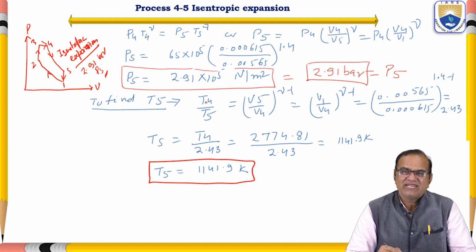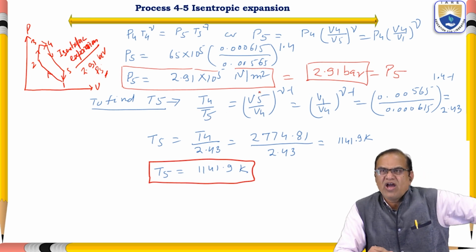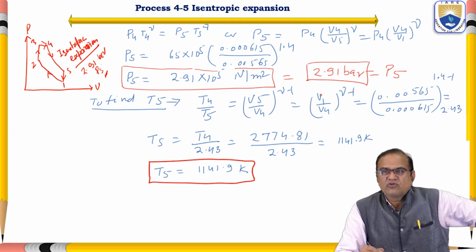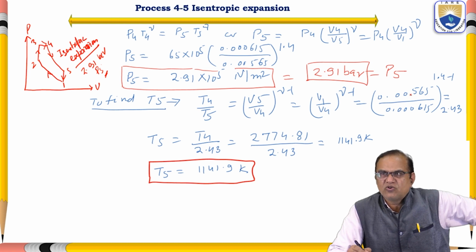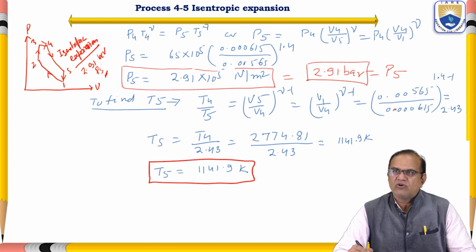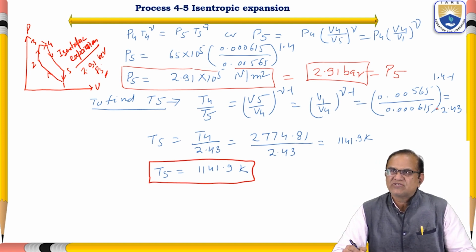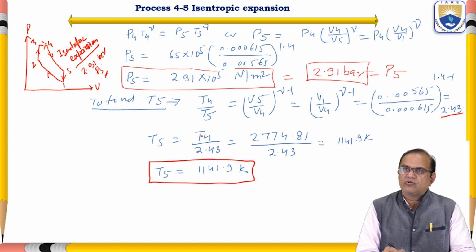We know by the gas equation that T4 by T5 is equal to V5 by V4 to the power gamma minus 1. V5 is equal to V1, so V1 by V4 to the power gamma minus 1. V1 is 0.00565 and V4 is 0.000615, to the power 1.4 minus 1, and we will get 2.43. So T5 is equal to T4 divided by 2.43.